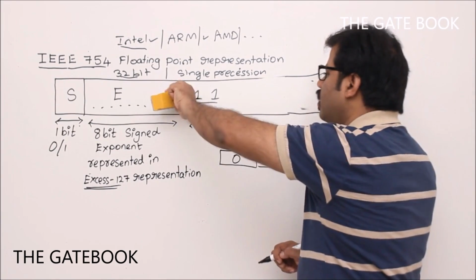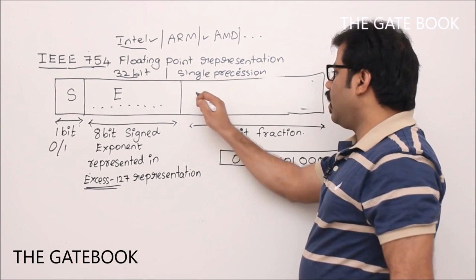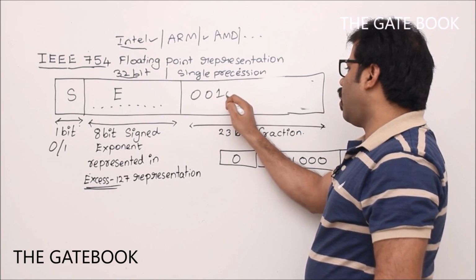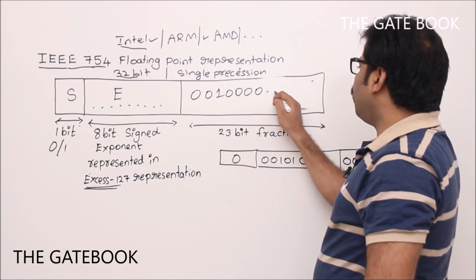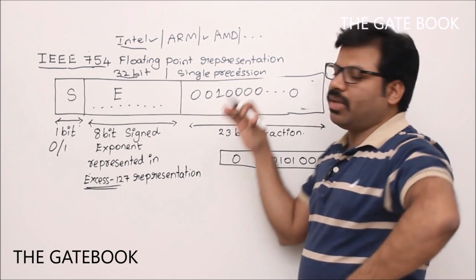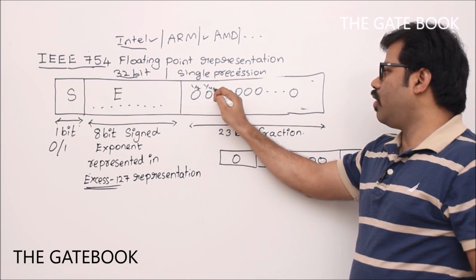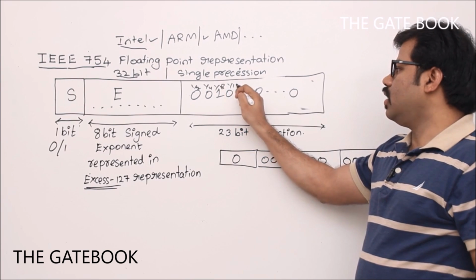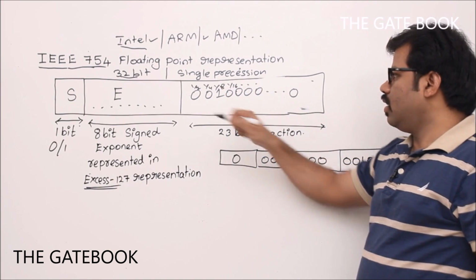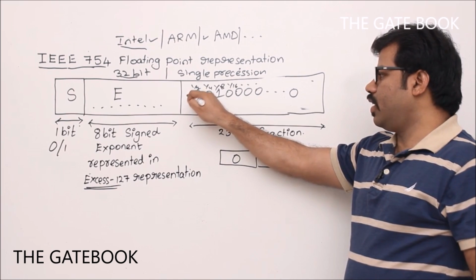Now we'll see one more fraction and try to understand. If I write 0, 0, 1 followed by all zeros, what is the meaning of this? What is the value in decimal? If you want to know, you just give weightages like this: 1 by 2, 1 by 4, 1 by 8, 1 by 16, and so on. Since it is a fraction, there is an implicit point here.